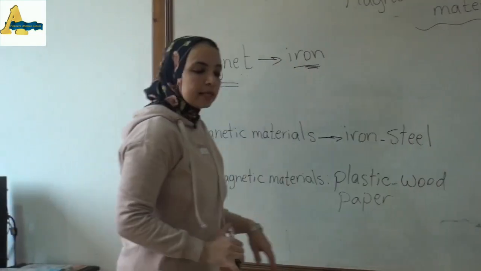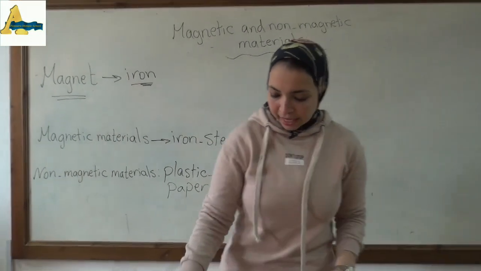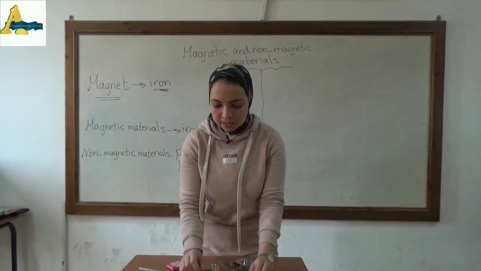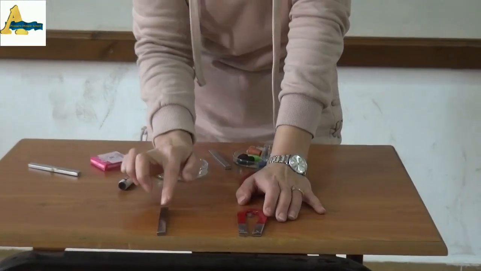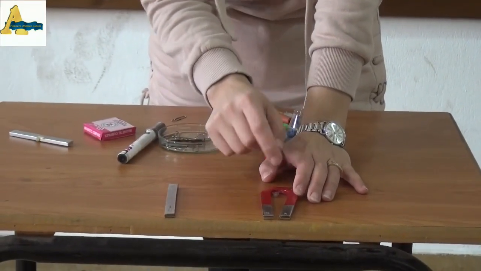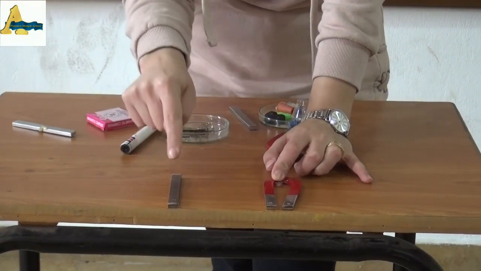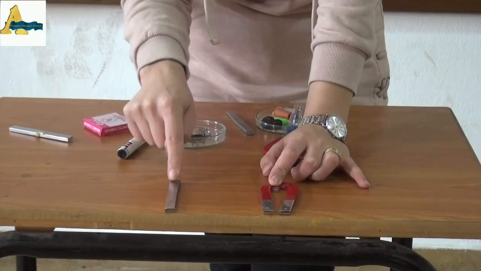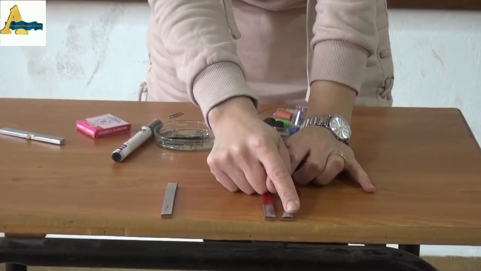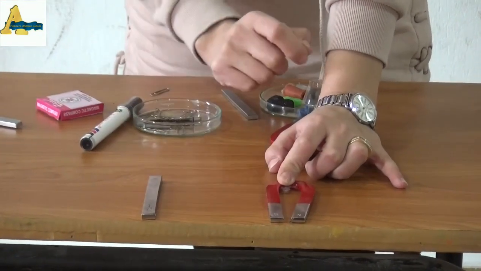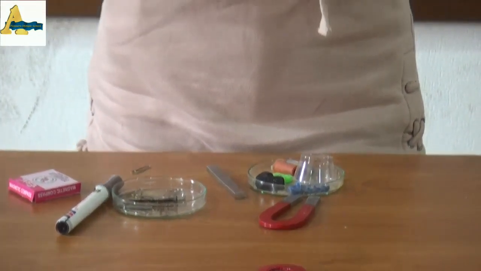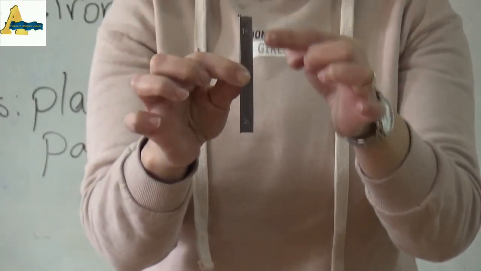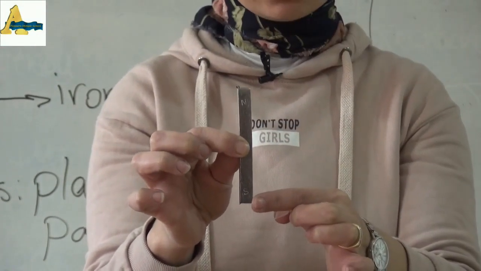Now, can you see this magnet? How many ends does it have? We found that the magnet has two ends. These two ends are called poles. So the magnet has two poles, north pole and south pole.